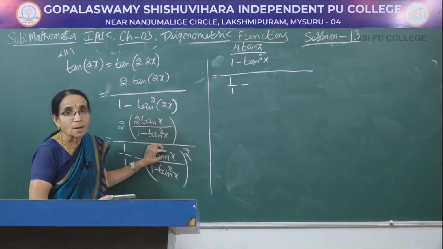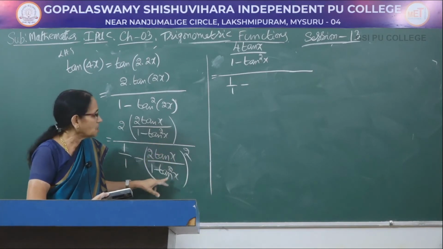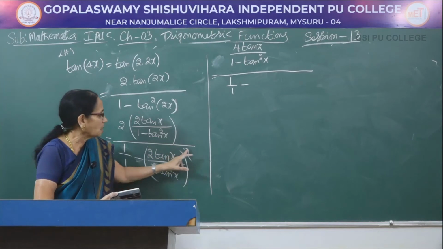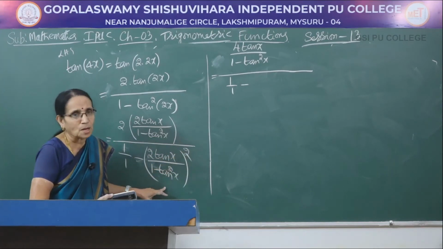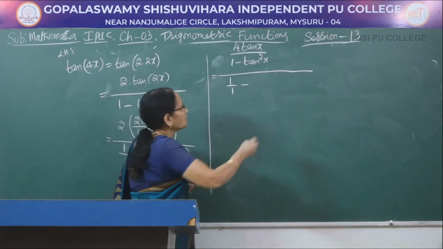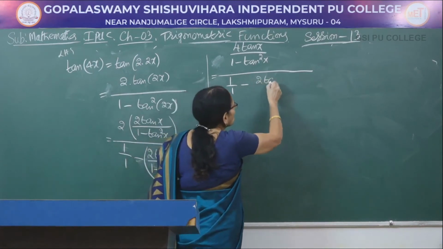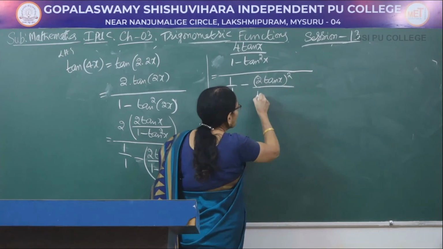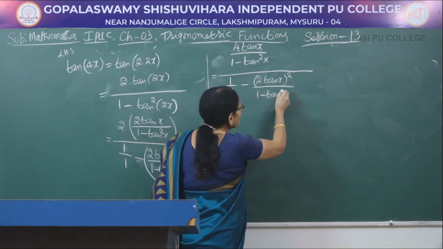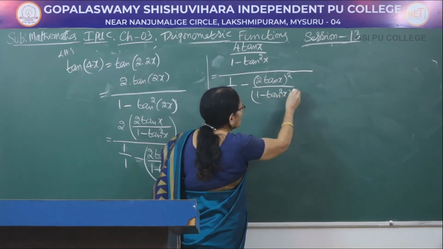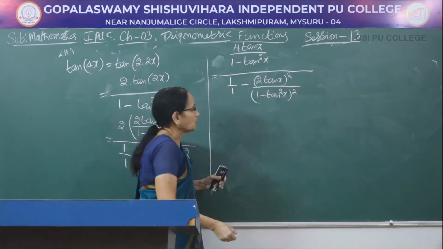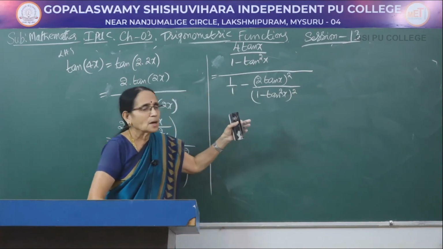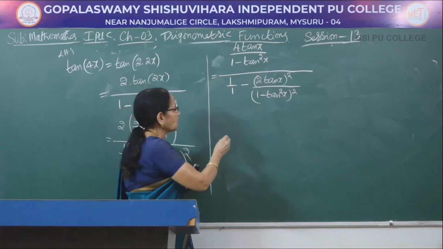By the law of indices, a by b whole square equals a square by b square. A square means the numerator squared, that is 2 tan x the whole square. Square of the denominator means 1 minus tan square x the whole square. If you can directly write, well and good. Otherwise, write one more step.